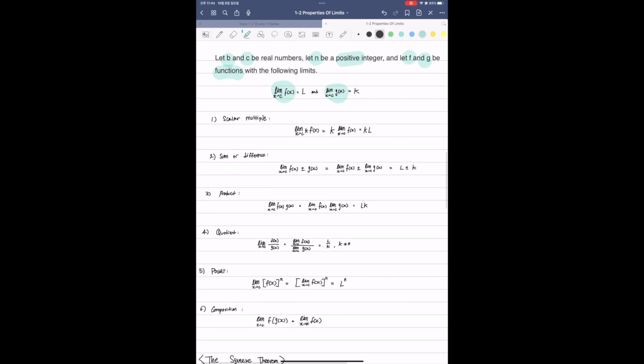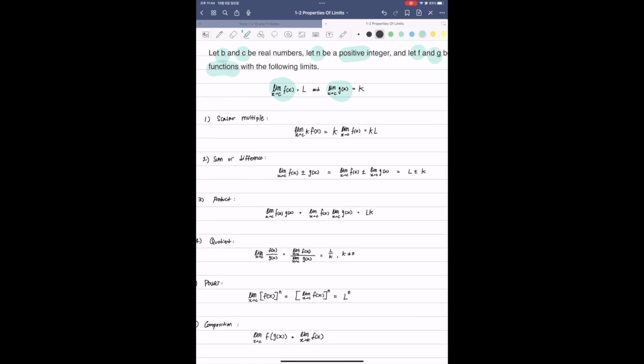The first thing that we're going to learn about properties of limits is scalar multiple. You guys don't have to memorize these names, but make sure you memorize all the properties and how to solve them and what they are.